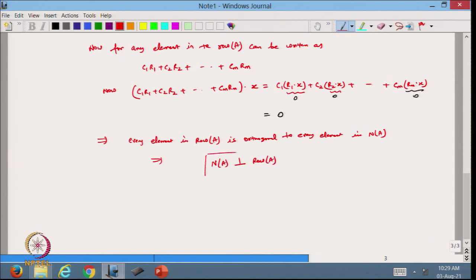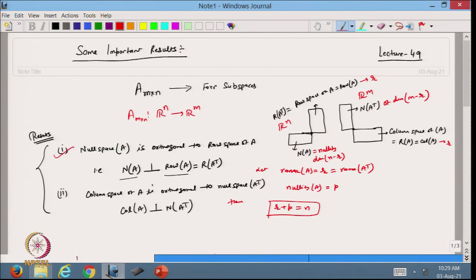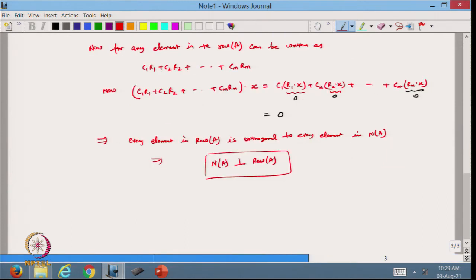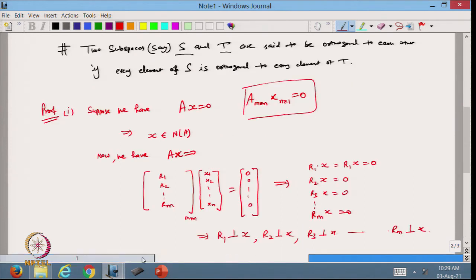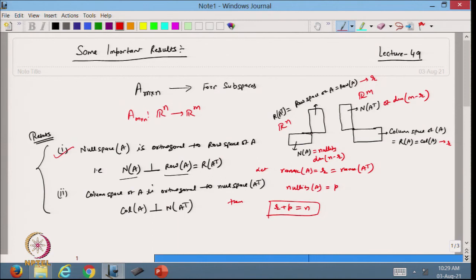So this is one of the important results, and from here you can see that the common element will be only the 0 element lying in both subspaces, because they are subspaces. So the 0 element will lie in the null space of A, and the 0 element is also lying in the row space of A. So that is why here we are writing this connecting with the point.